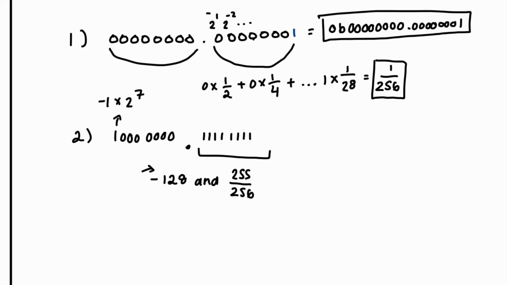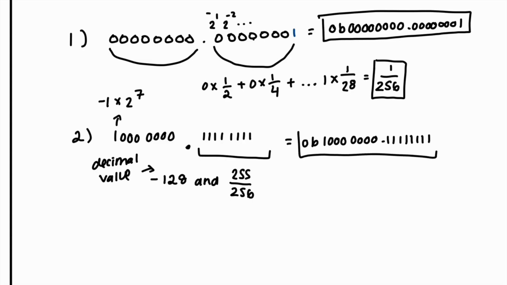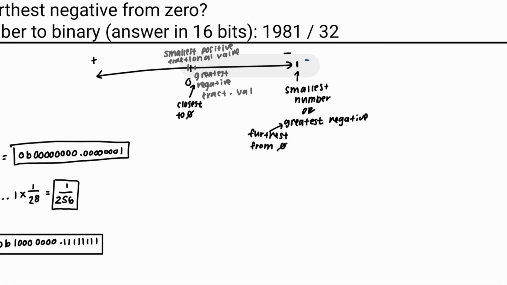This is the decimal value. So our final answer is 0b 10000000.11111111.